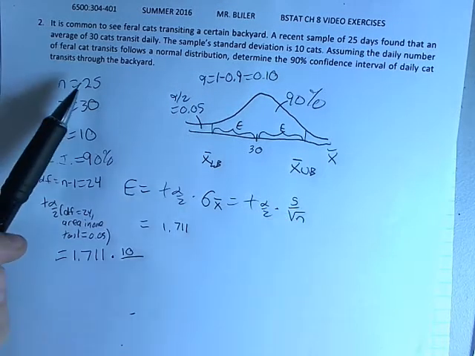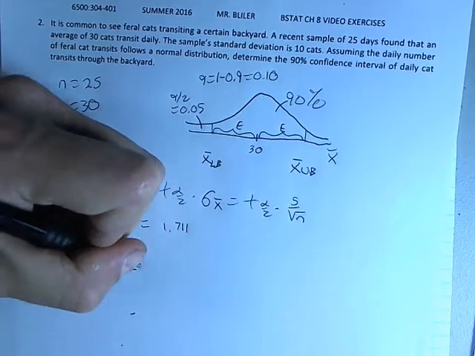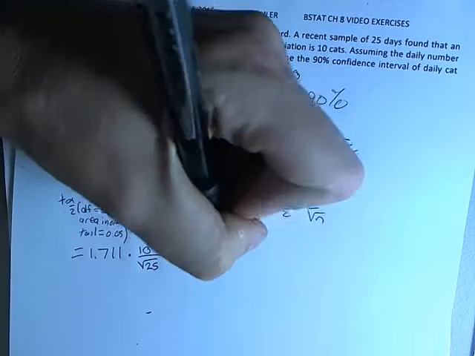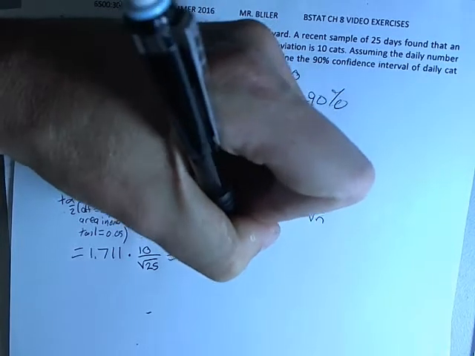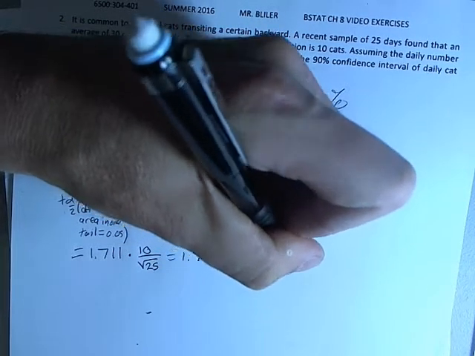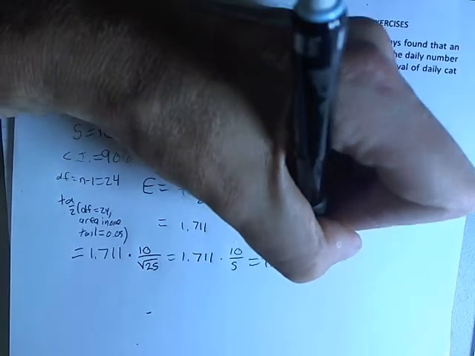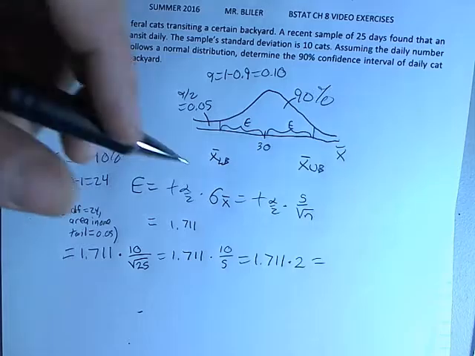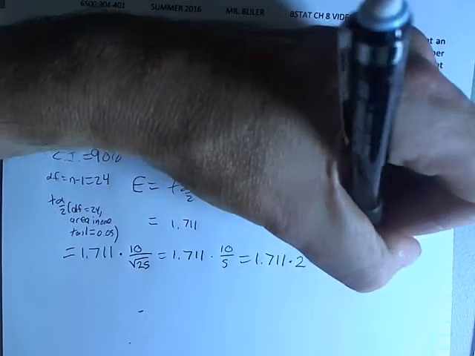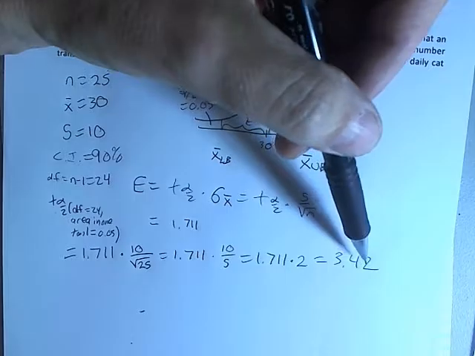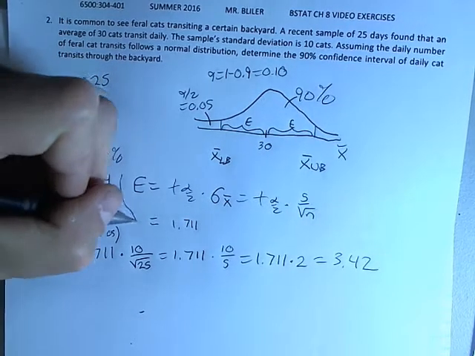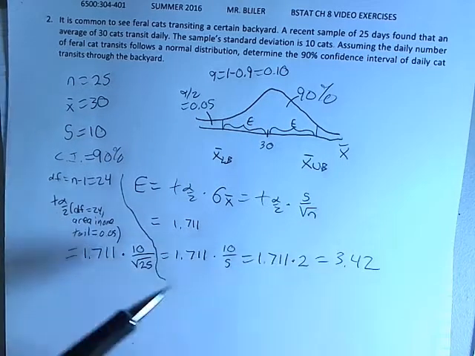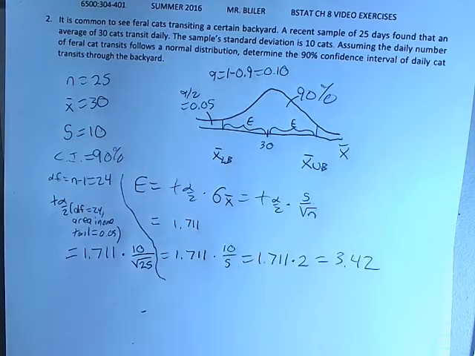Square root of n is the denominator, square root of 25, and that's going to give us 1.711 times 10 over 5, or 1.711 times 2, and we'll go ahead and compute that. We'll round it to 2 decimals, so 3.42. We now know that our margin of error that's appropriate to use here is 3.42 cat transits.